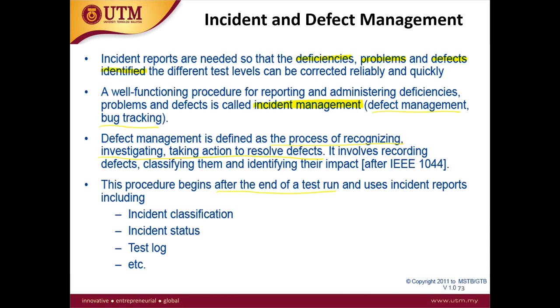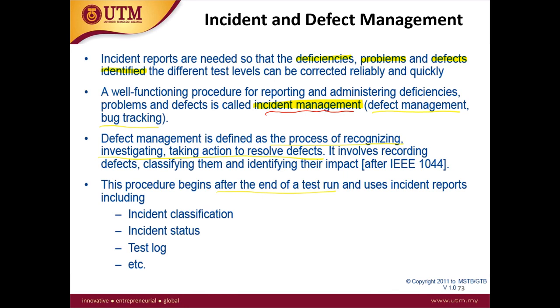A well-functioning procedure for reporting and administering deficiencies and problem defects is called incident management. It is also called defect management or bug tracking. It refers to the same thing, defect management and bug tracking.